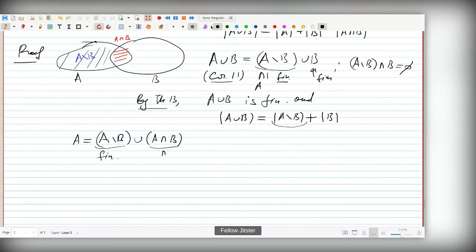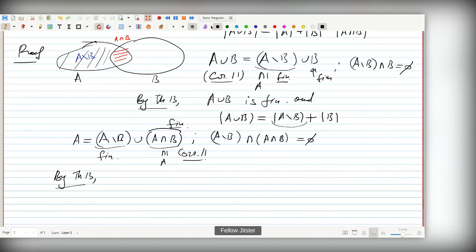This one is also finite as a subset, due to corollary 11. These two sets are finite. The intersection is empty. So by another application of theorem 13, we have that the cardinality of A equals the sum of these two numbers.